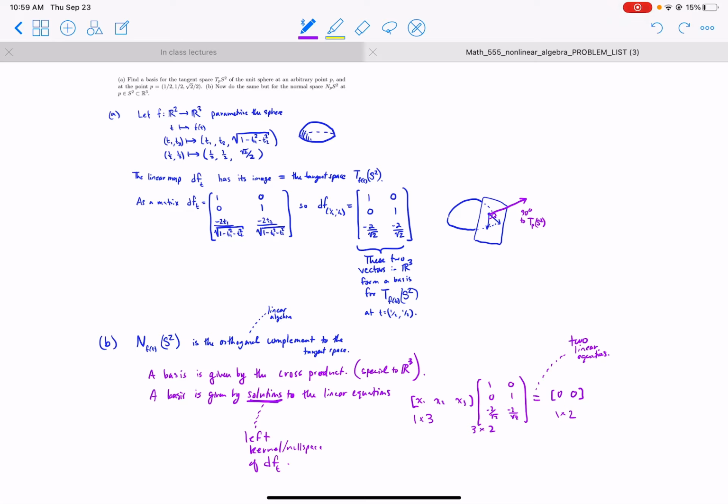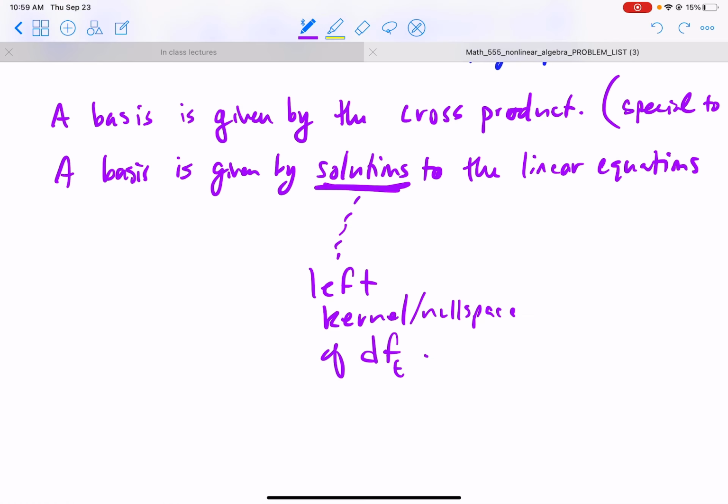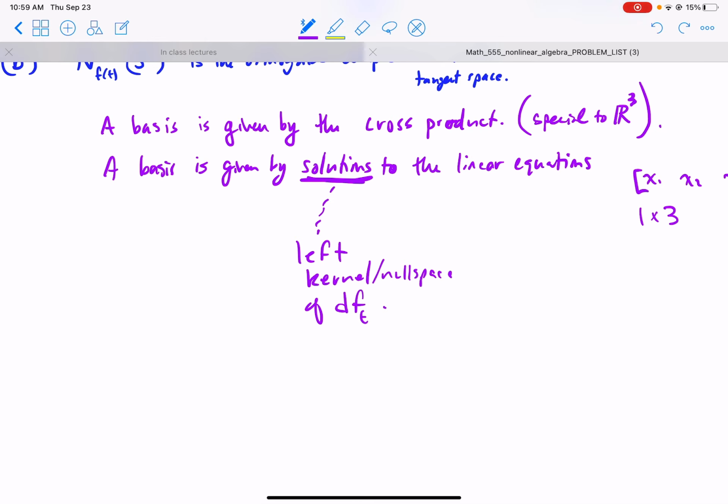Great. Now, I will give yet a third way to get the normal space. So option 1, option 2, option 3.